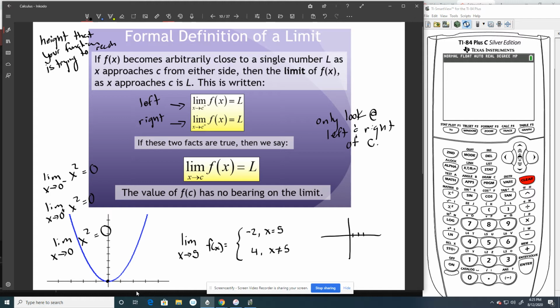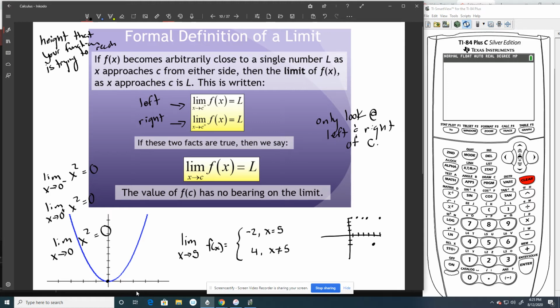So when x is equal to 5, my y value is -2. So there's x is 5, y is -2. But for all of my other x's, my y value is actually 4. So everywhere else, my y value is up here.